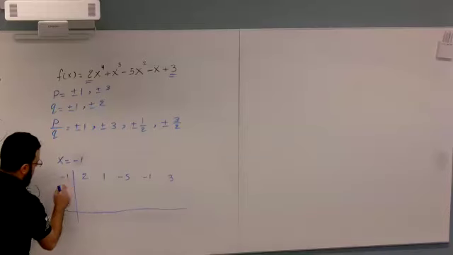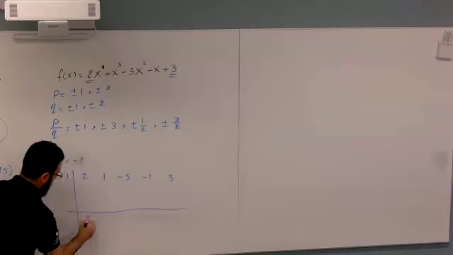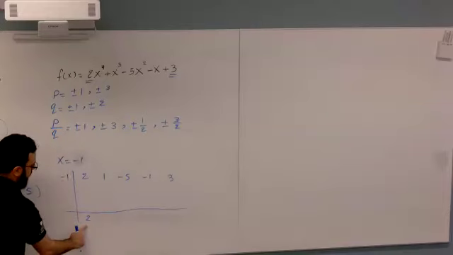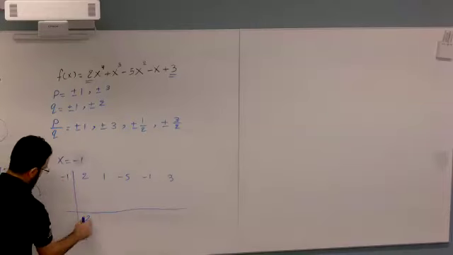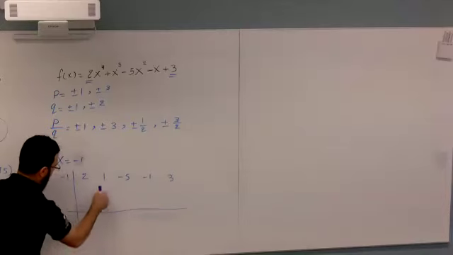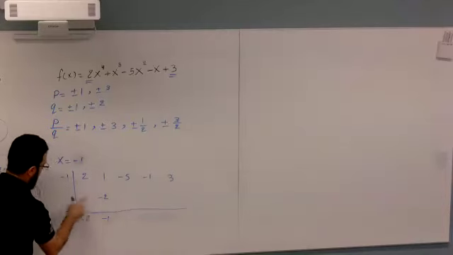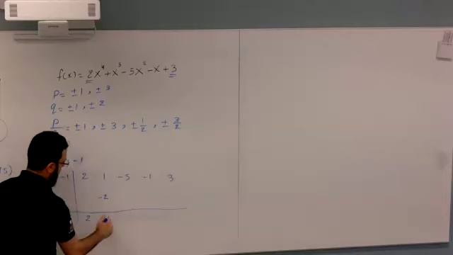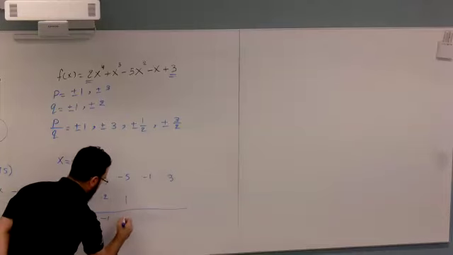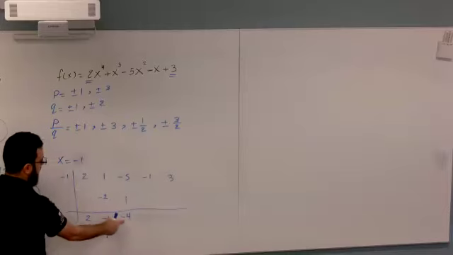Now I'm going to choose -1. Here's 2. -1 times 2 is -2. Add these together, -1. -1 times -1 is 1. Add these together, -4. -1 times -4.